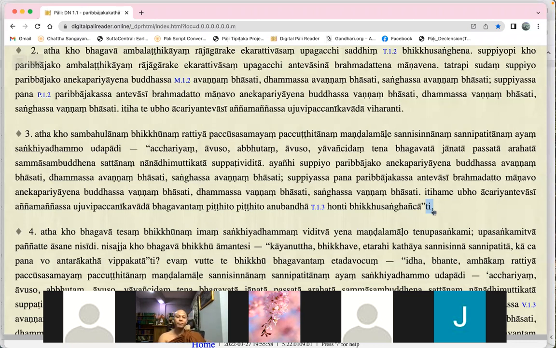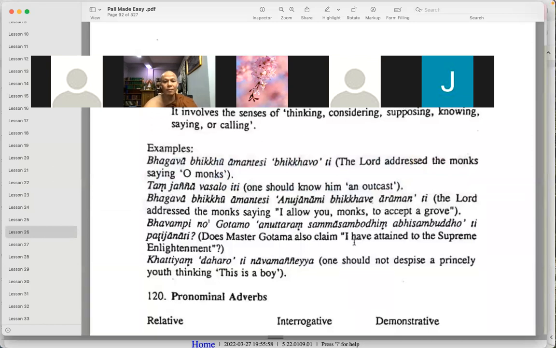Oh, okay. Because Bante, I have seen it without the quotation. Let's say from here, we know the end, but how can I know where the starting point is, for example, at Acharyam? I allowed you, monks, to accept it. Bhagava Bhikkhu Amantesi is very clear.